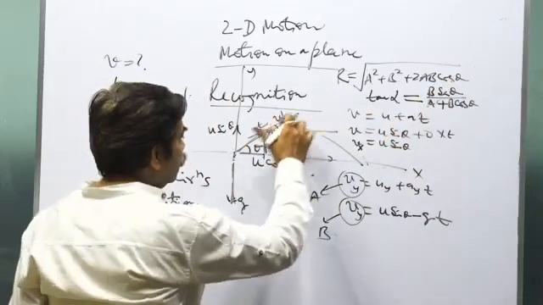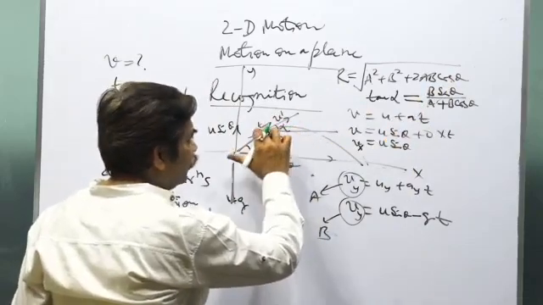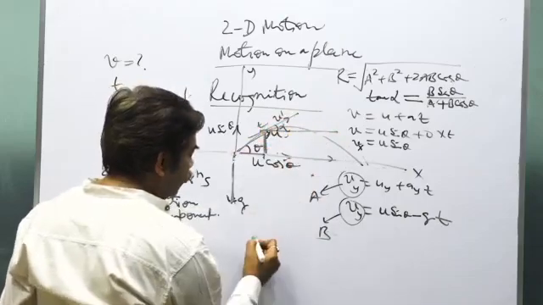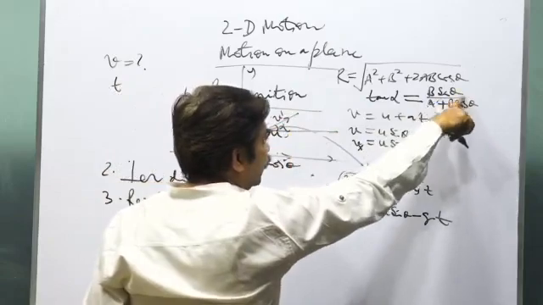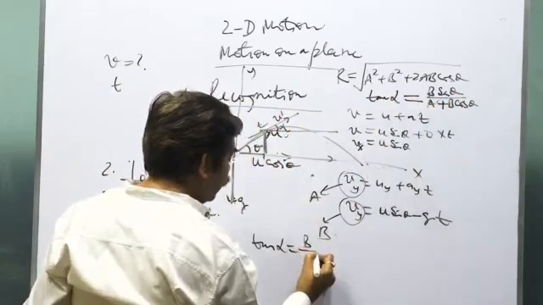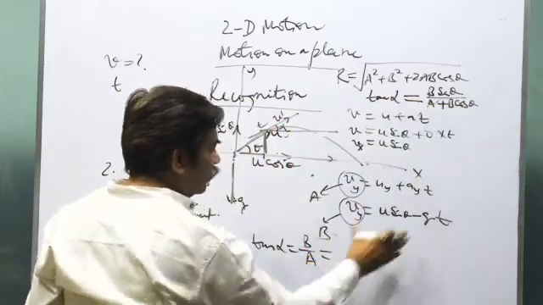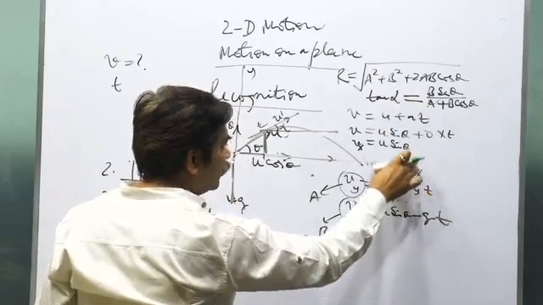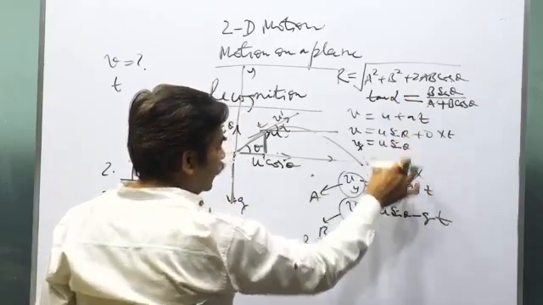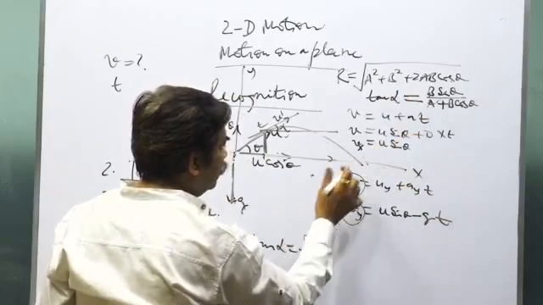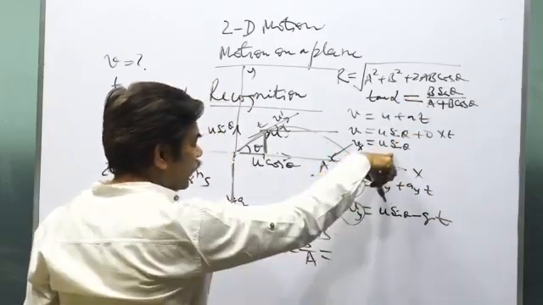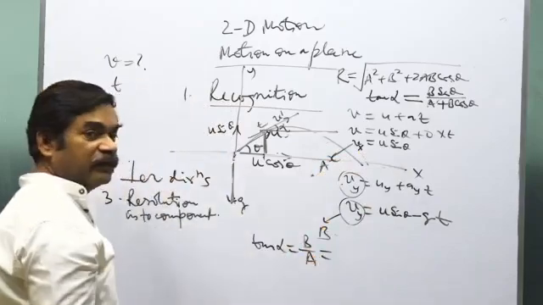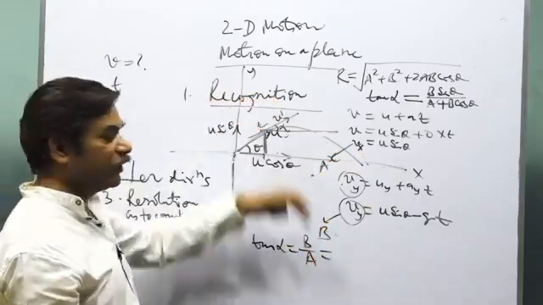This velocity makes an angle alpha with the direction of A, that is the x direction. Then tan alpha will be equal to what? Since theta is 90 degrees here, that becomes B upon A. This is A. So this parameter upon this parameter will be the angle that this velocity makes after time t from the x direction.